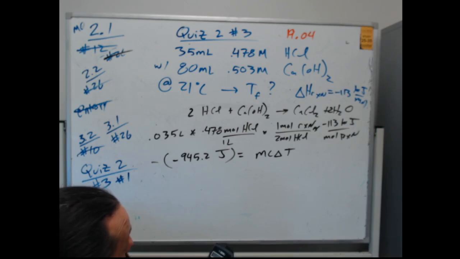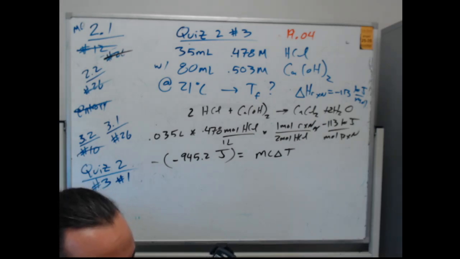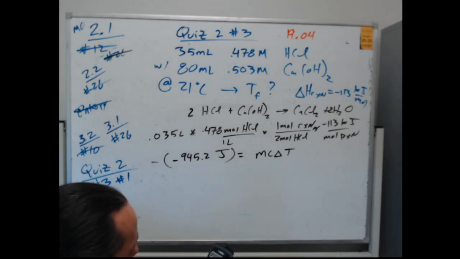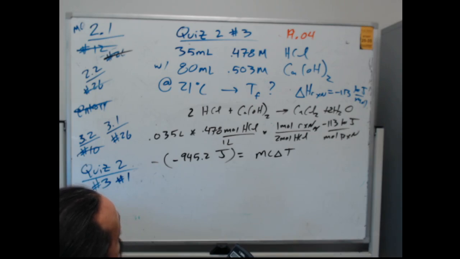Times, let me think, 17 times 2 is 34 plus 40. That's 74. Yep. Times 74. So 2.9 grams divided by the density.